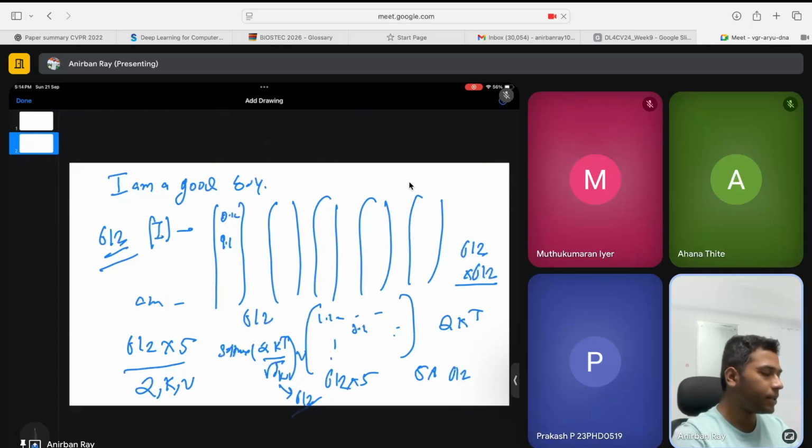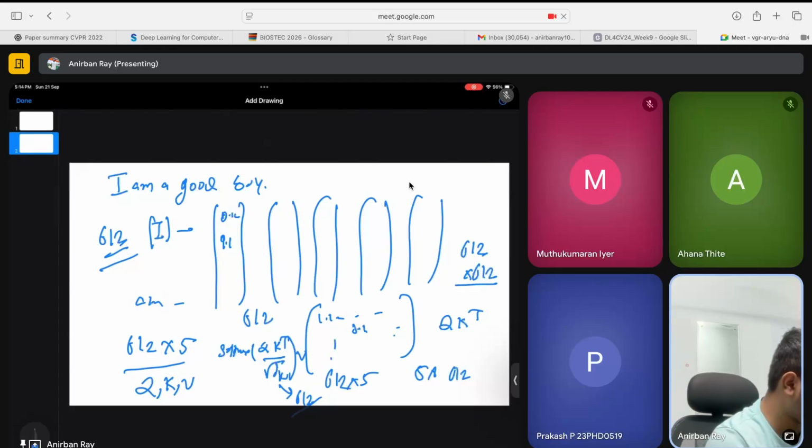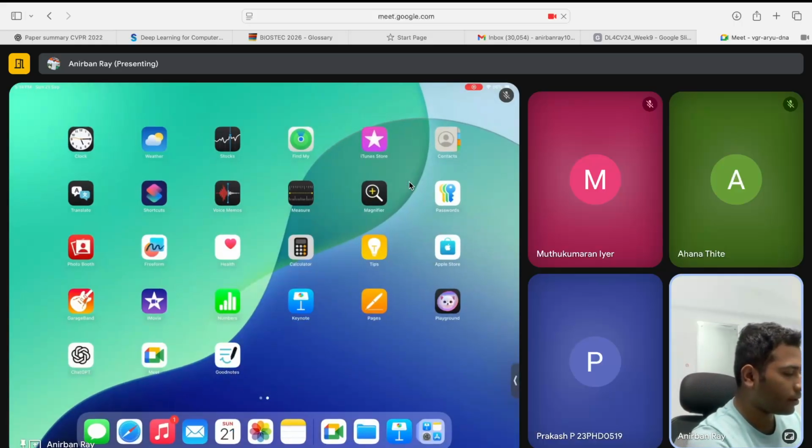So what happens is, without scaling, when you multiply these two matrices together, what can happen? You can understand this when you're using softmax. Let's understand what is happening.